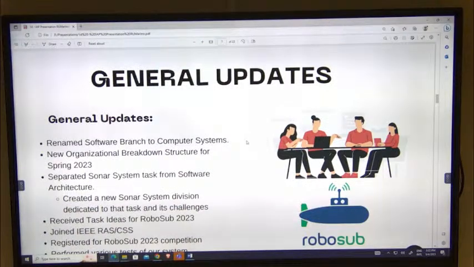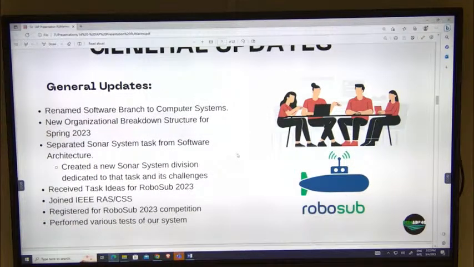And then just to run a little bit over some general updates. We took our software team and renamed it computer systems because there was a little bit of confusion about what we did in that division. A lot of people thought we were working strictly with software, but we also have embedded systems, computers, stuff like that.